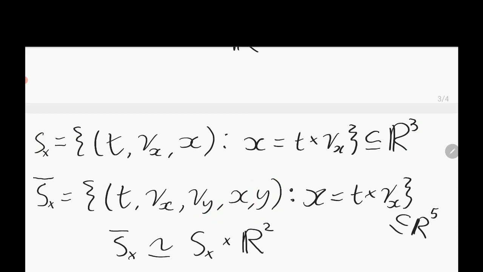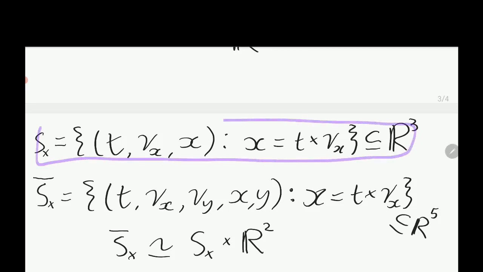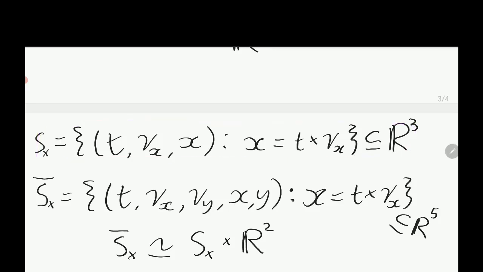And so those give us a load of 5-tuples of numbers, but we can get all of those 5-tuples just by taking this collection of triples and adding to each of them, so if we take a triple in here, we can then add to it any value of Vy and any value of y. And so we get a plane for every triple in here. So we've essentially multiplied this set by a plane, if we like. And that's how we've got this kind of surface in 5-dimensional space.